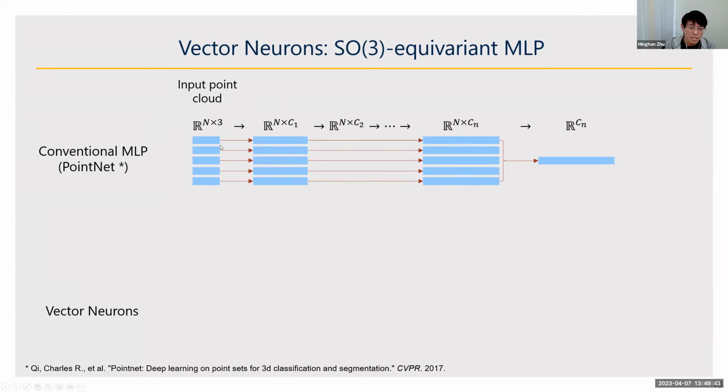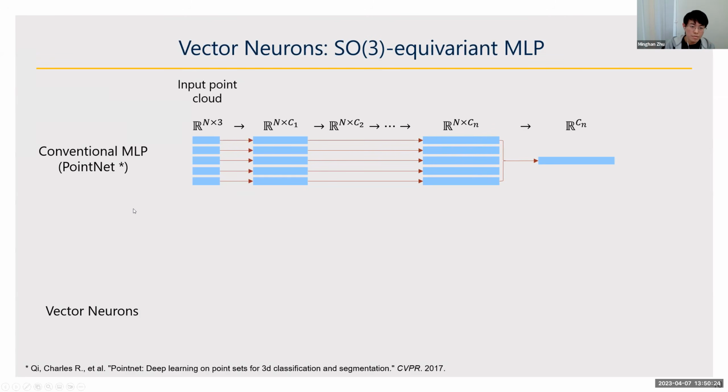For a PointNet, it maps the point feature, a 3-dimensional vector, to a C1 dimensional vector, which could be longer, and then it maps to some other dimensions. So every point is mapped to a deep feature independently with Cn dimension at the end. Then there's a pooling layer to summarize all the point features to get a single feature vector representing the whole point cloud. Pretty straightforward. This is what a PointNet looks like.